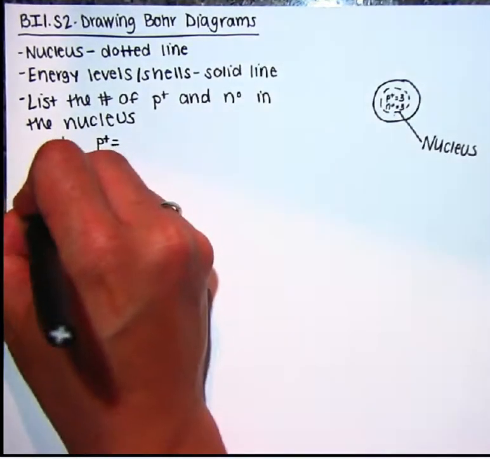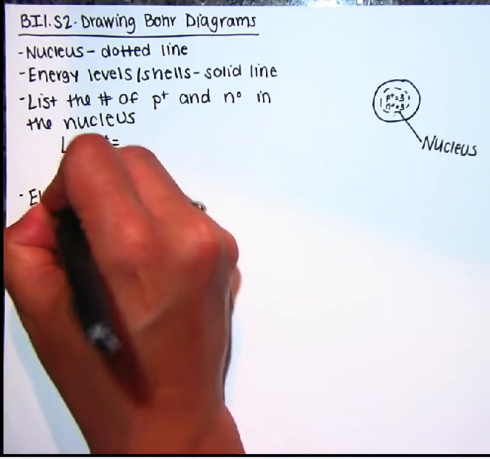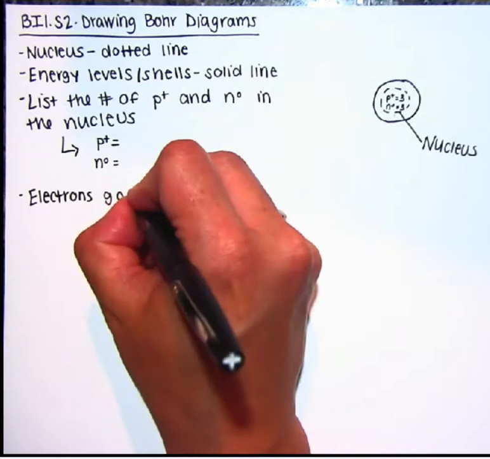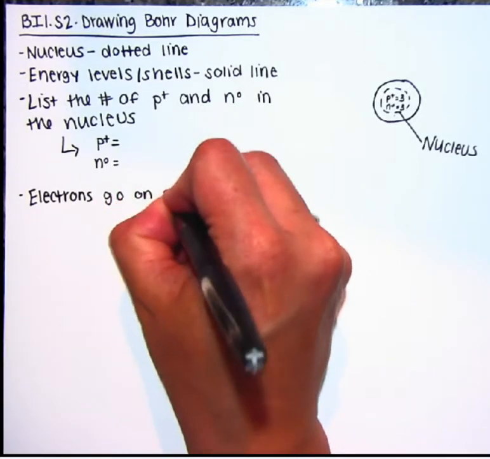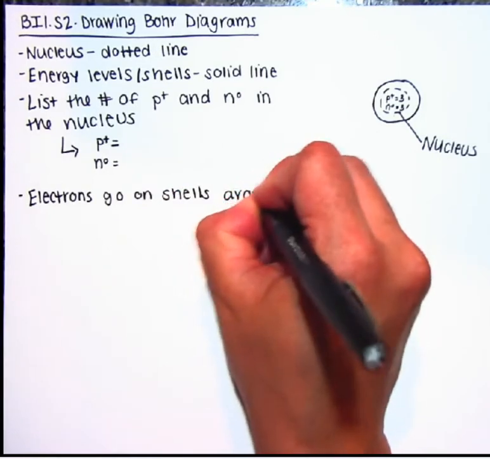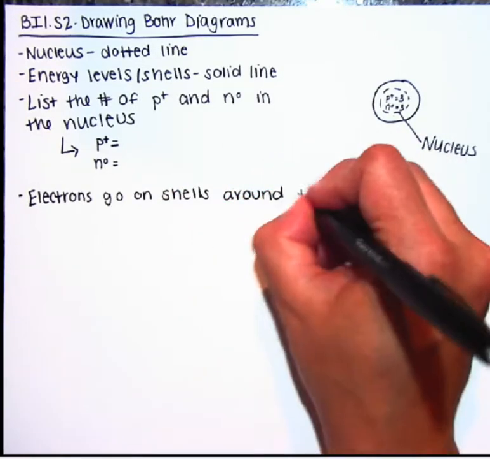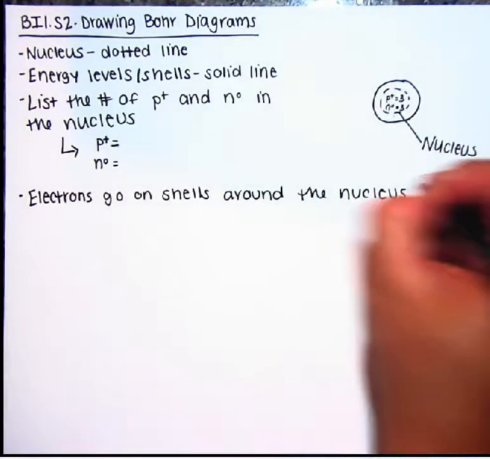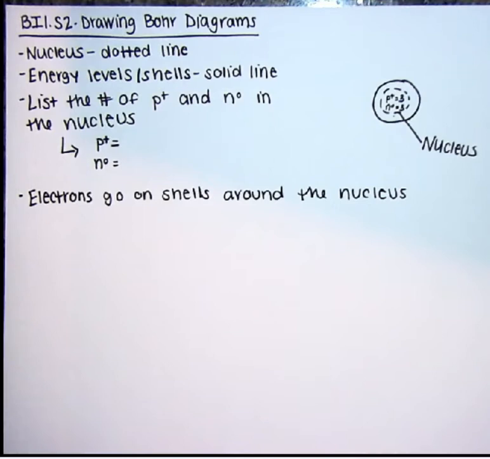Let's talk about electrons. So electrons go on those energy levels or on those shells around the nucleus. Again, that was our big discovery from Bohr. That's how he improved upon the Rutherford model.